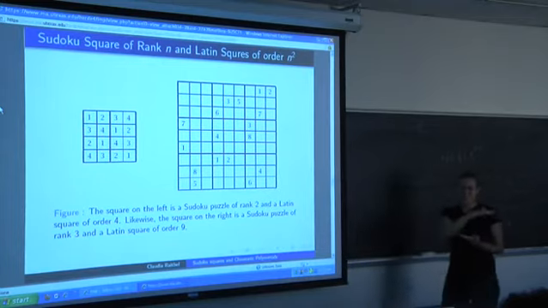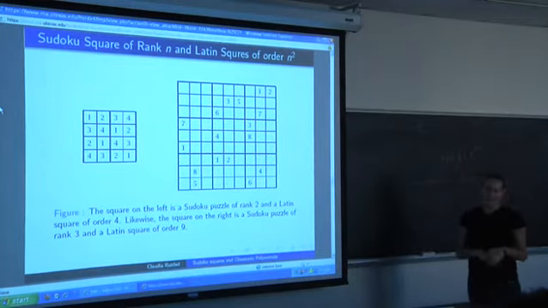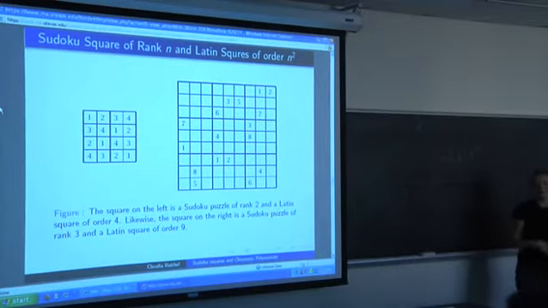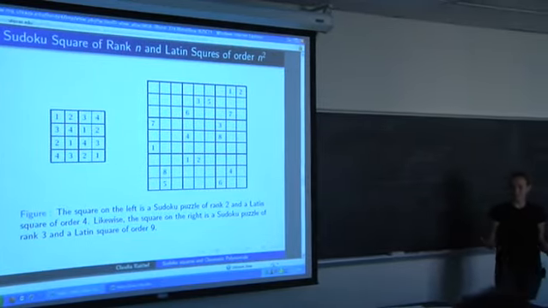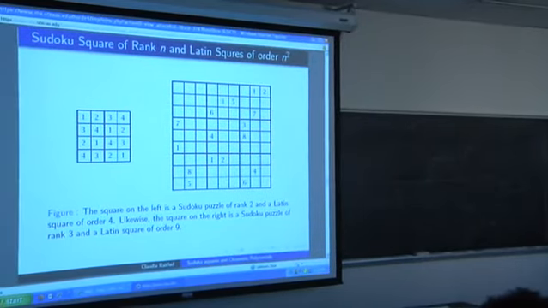You just count the dimension. And so an interesting question you can ask is: is every Latin square of order n squared a Sudoku square of rank n? And if not, what's the probability that a Latin square will be a Sudoku square? Cool.